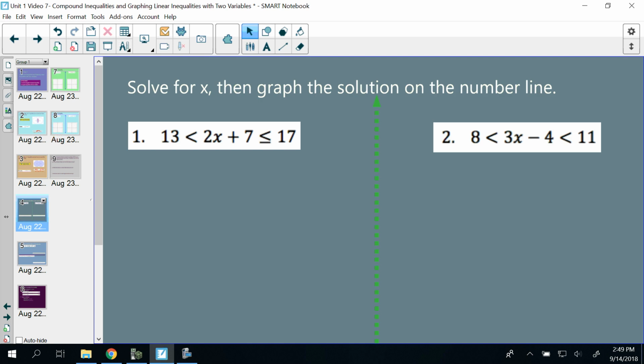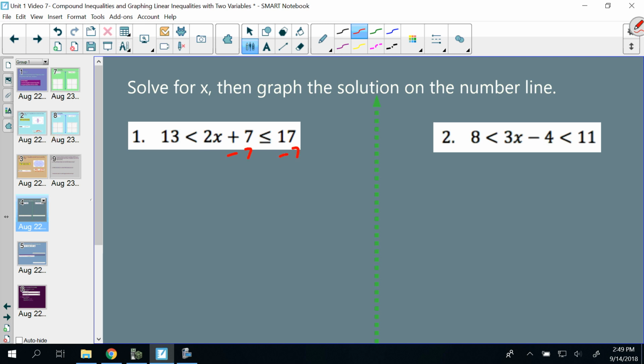So solving these ones, what you want to do, look to get the middle, in between these two inequalities, to be just x instead of having 2x plus 7 or whatever's in there. So do like you would normally do solving. Here we would start by subtracting 7.